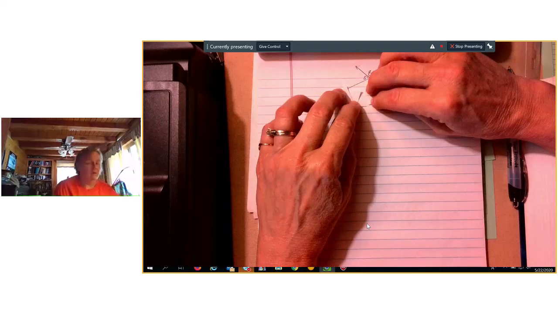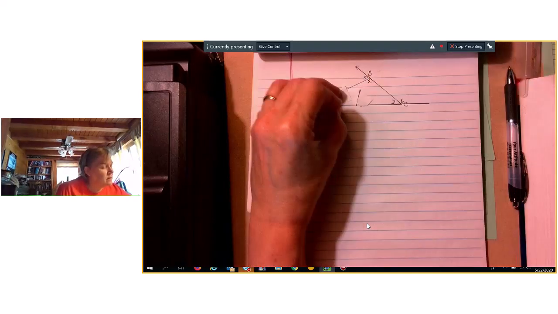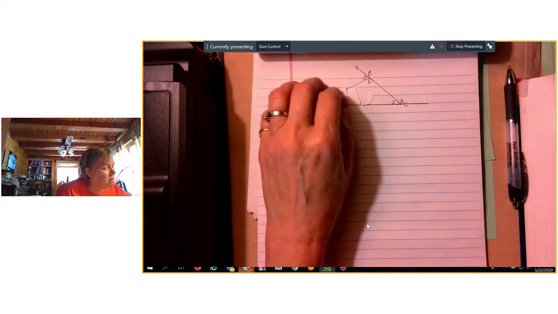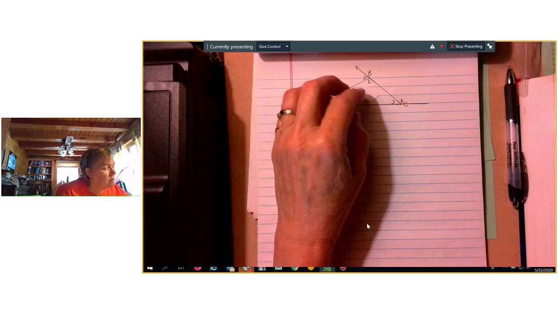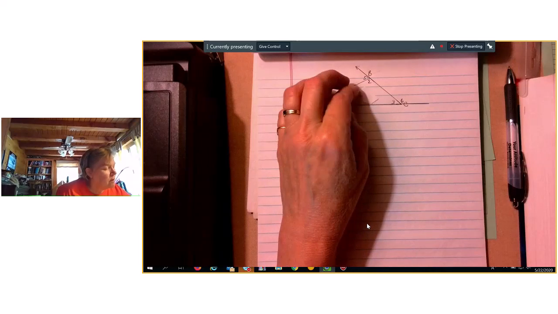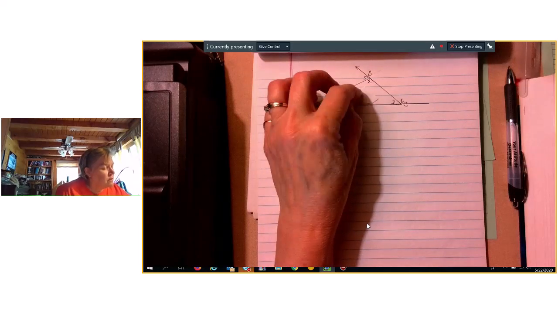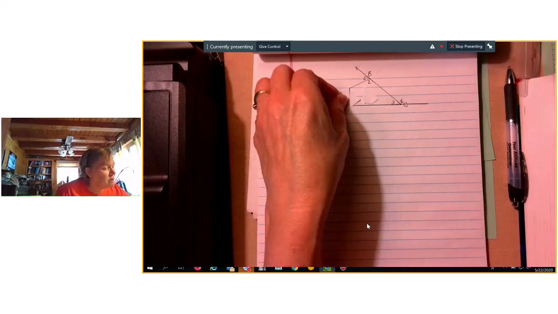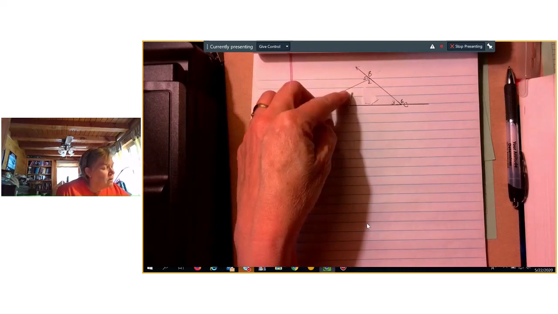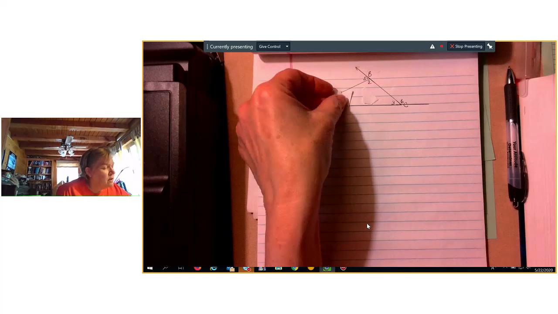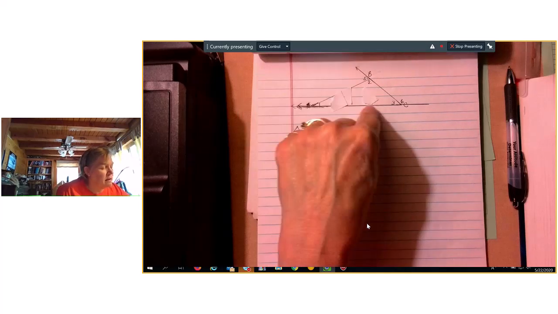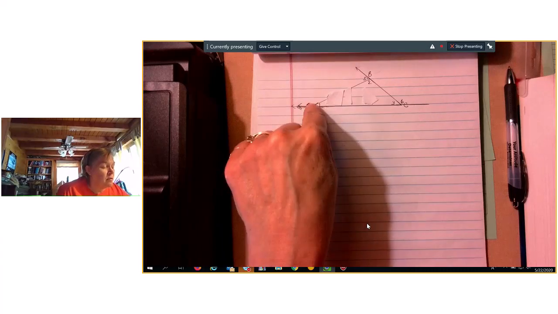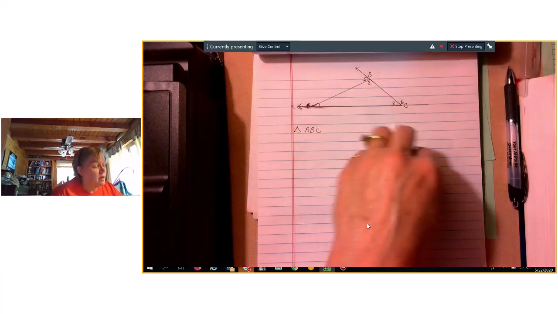So when you turn these angles like they need to be turned, they're going to form a straight line, because the interior angles of a triangle are going to add up.